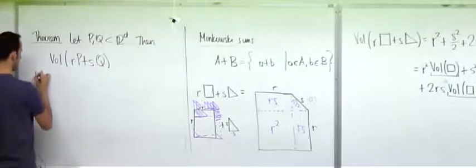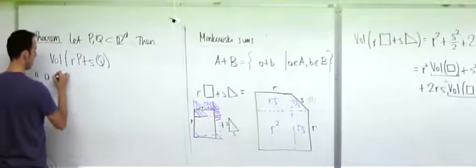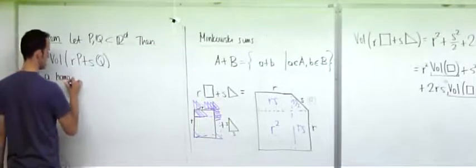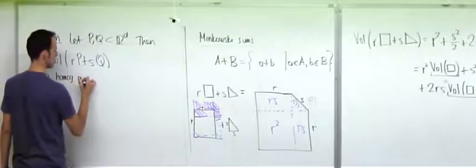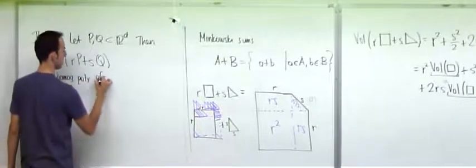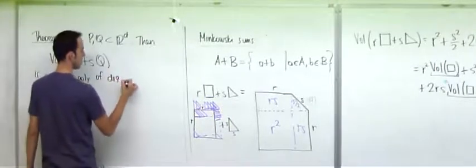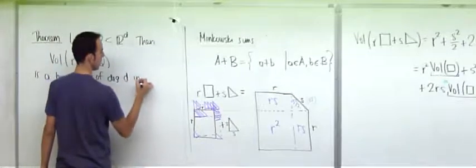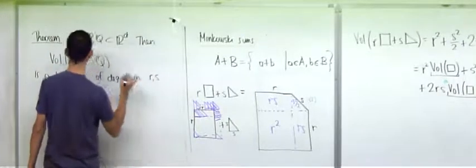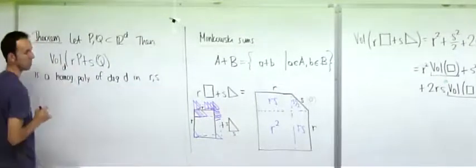So the theorem is that this is a homogeneous polynomial of degree D in R and S. Okay. We're talking about D-dimensional volume here.